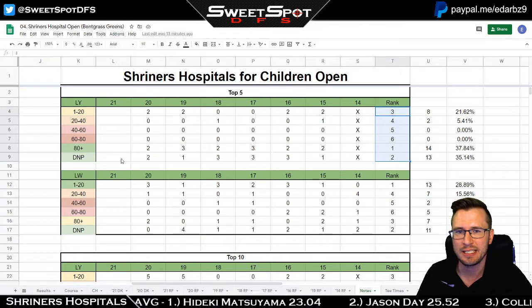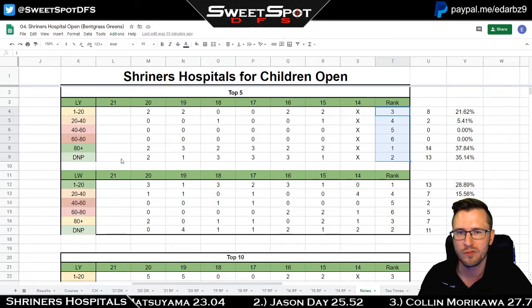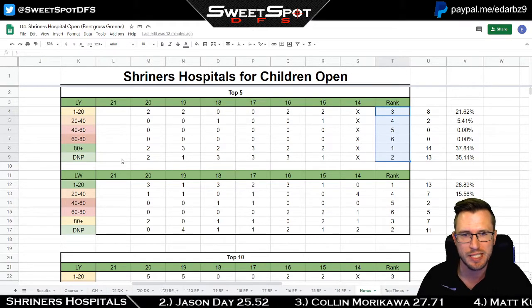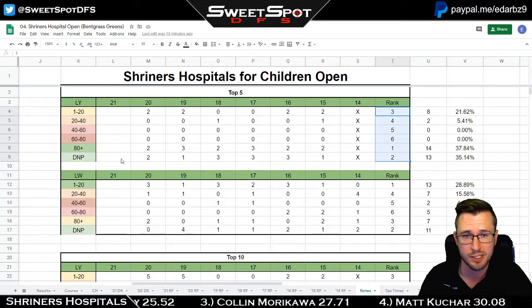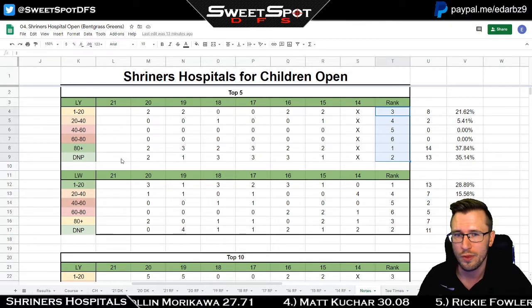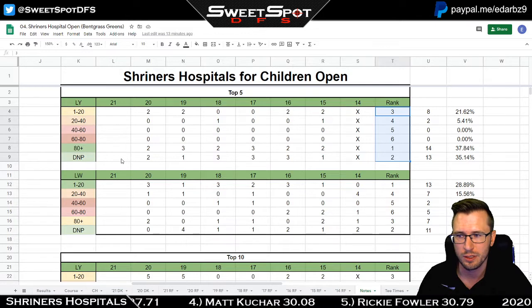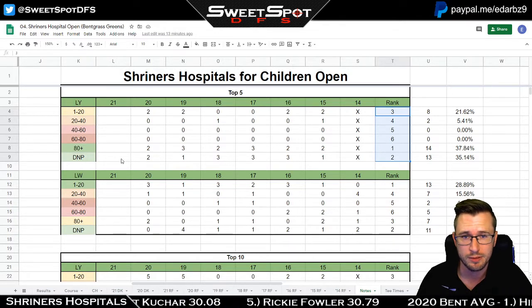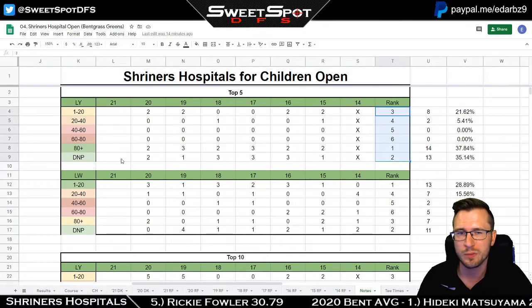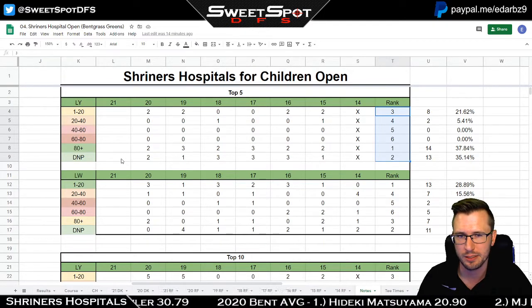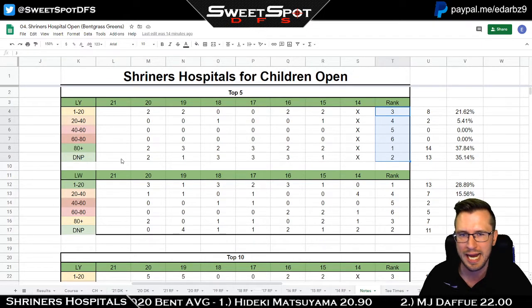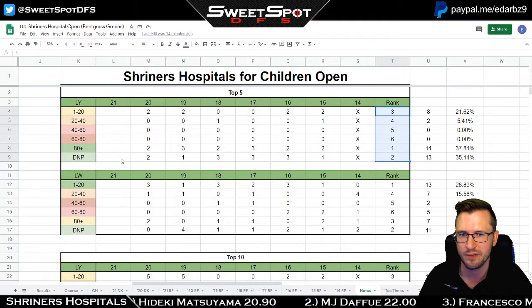But even if they did, most of them would be done after Saturday's round, unless they moved up the leaderboard considerably. So they wouldn't get Sunday's round of scoring DraftKings points. I always put those golfers in 75th place. I don't consider them 80th or above. I just put them in 75th place.